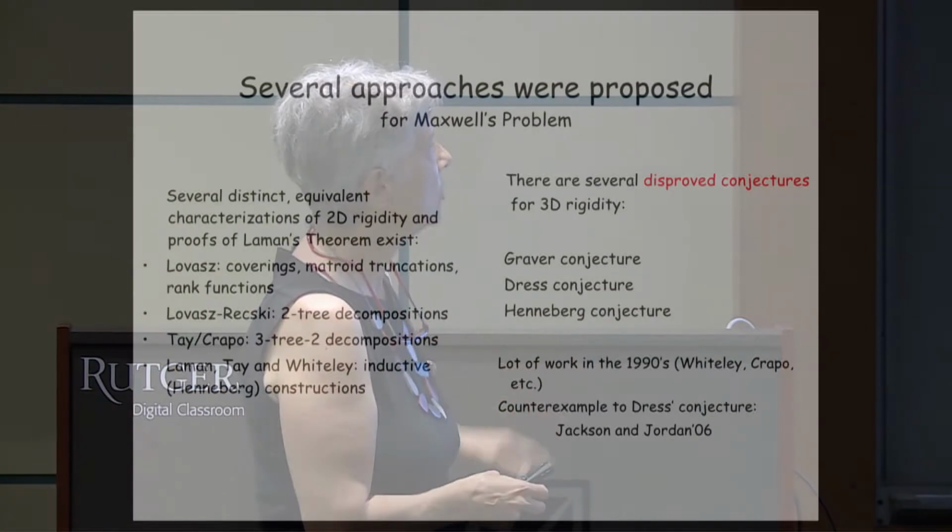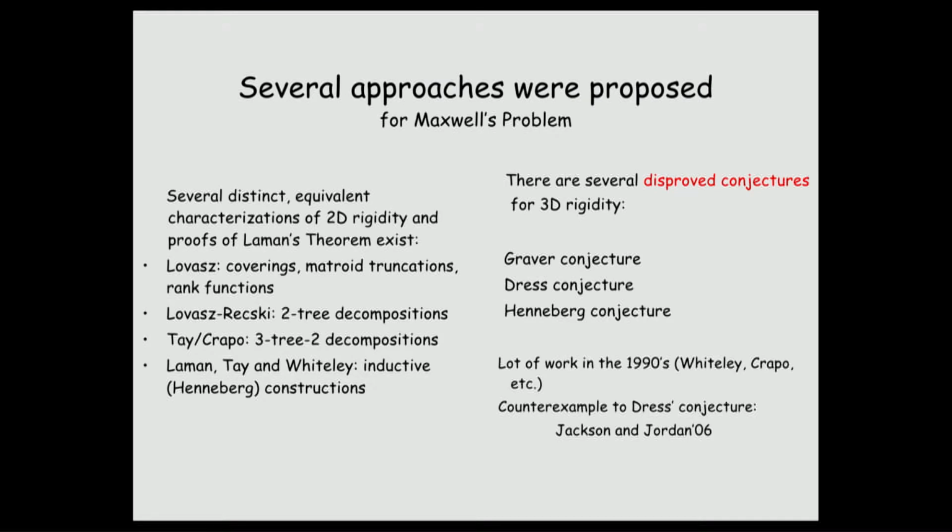So several approaches were proposed. First of all, in dimension 2, there exist various equivalent proofs of Laman's theorem by Lovász based on coverings, matroid truncations, rank functions, Lovász and Yemini, 2-3 decomposition, Tay and Crapo, inductive Henneberg constructions, and so on.